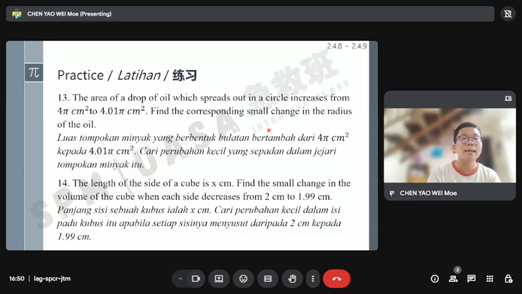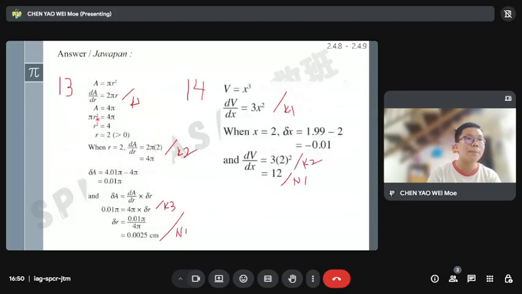You cancel out the pi, and you get r squared equals 4, and then r equals 2. Remember, radius cannot be negative, so we use the positive value that is larger than 0.